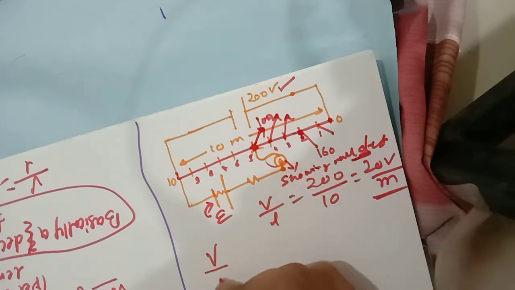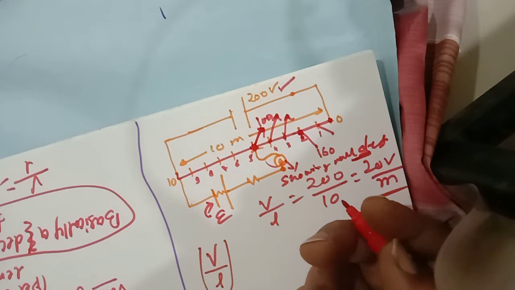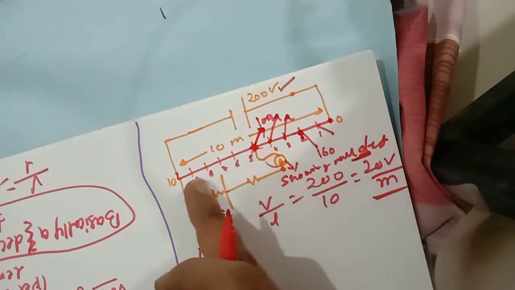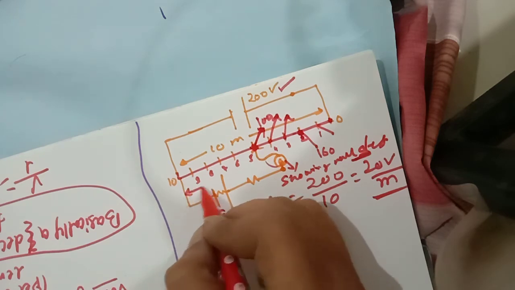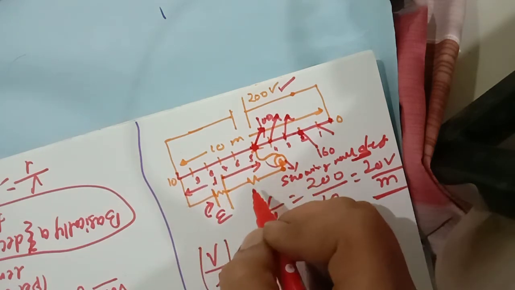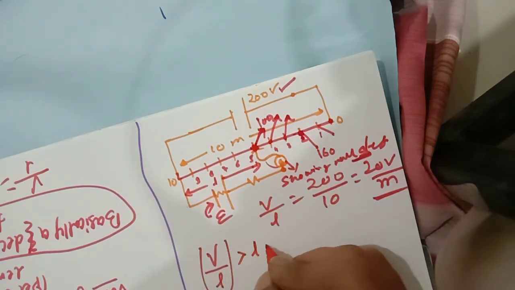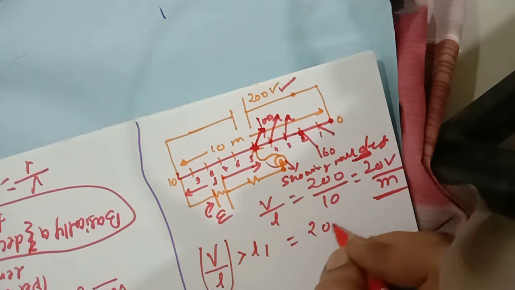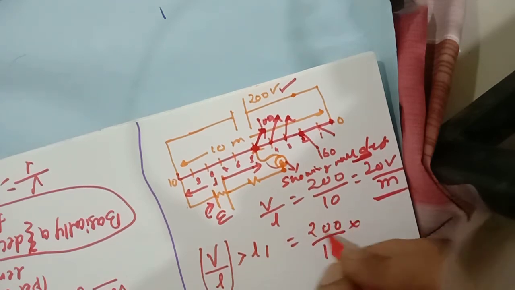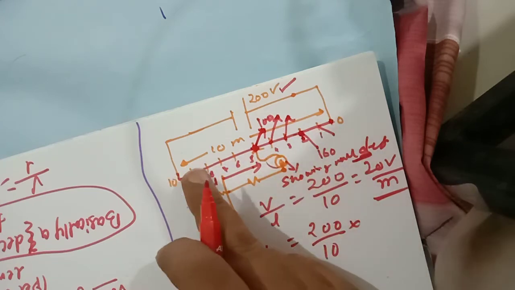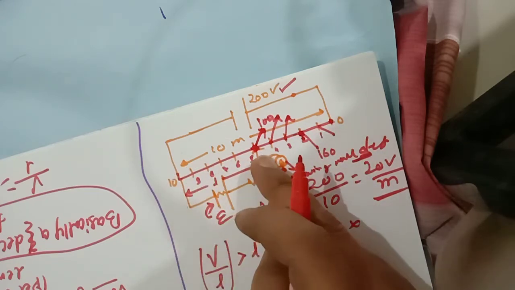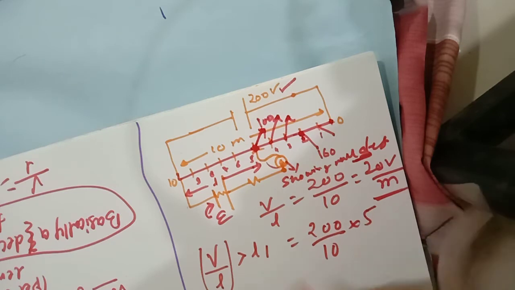It is voltage per unit length. This is the voltage gradient, obviously, into L1. What is this L1? It is 200 by 10 into L1, and L1 is 50, meaning 5 meters, out of 10 meters overall.